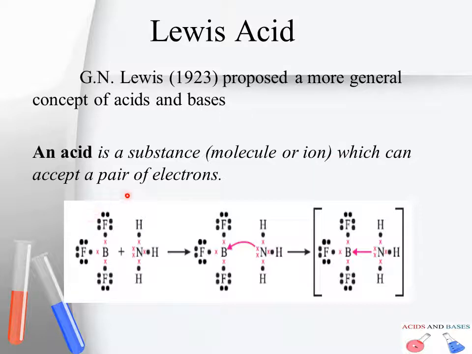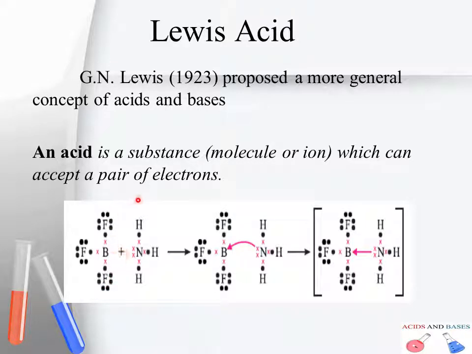So here in the example, boron trifluoride is acting as an acid. As we all know, boron belongs to group number 13, so it has 3 electrons in its outermost shell. Now every atom wants to get stable.